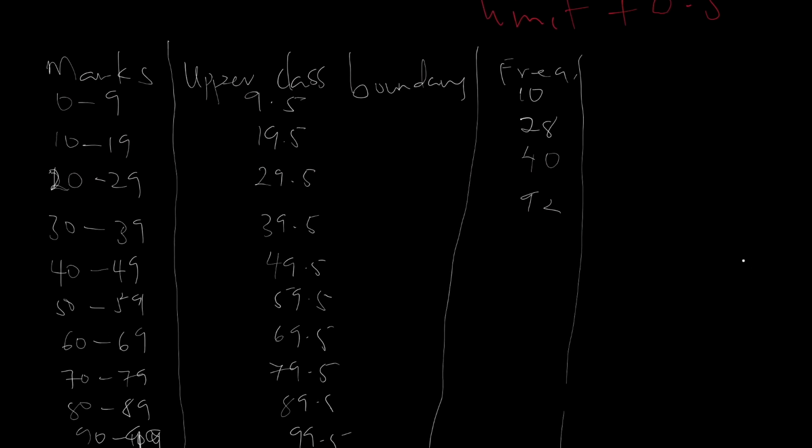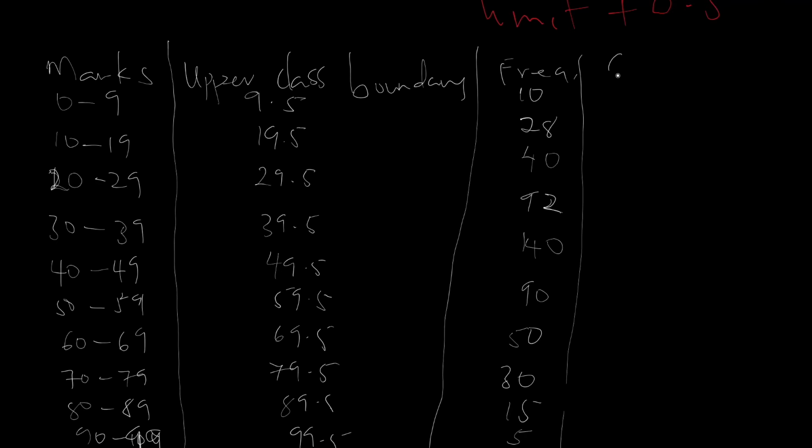So 80 plus 60 should give us 140. So we have 140, we have 90, we have 50, we have 30, we have 15, and we have 5.